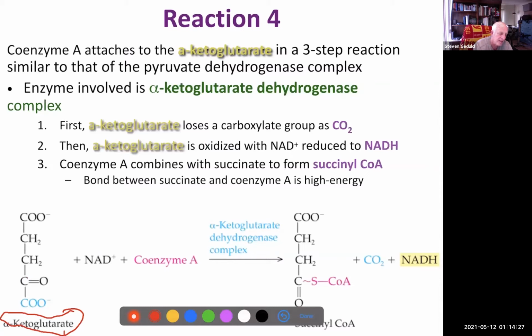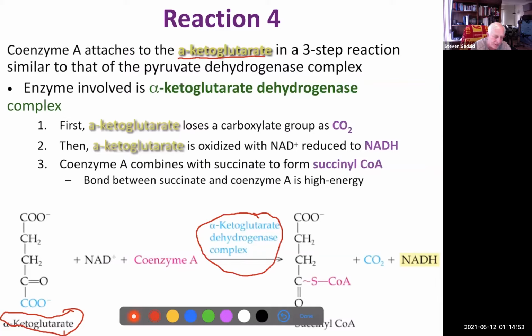So now coenzyme A attaches to the alpha ketoglutarate, okay, and it reacts similar to that of pyruvate dehydrogenase complex. That's like we did before, that big complex, and then breaks down to NAD plus, and then the succinyl coenzyme A. So the enzyme involved is alpha ketoglutarate dehydrogenase, and the alpha ketoglutarate dehydrogenase forms a complex. It binds with it and forms a complex with the coenzyme A and the alpha ketoglutarate.